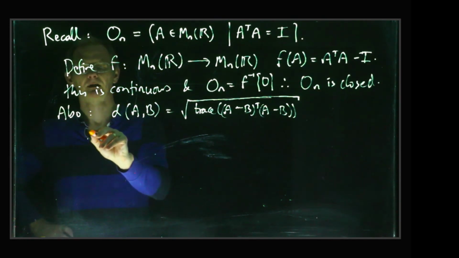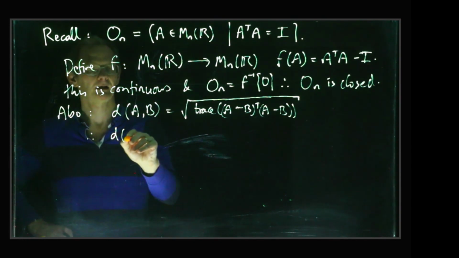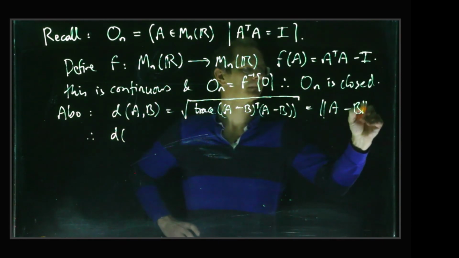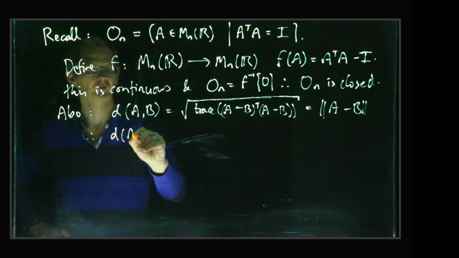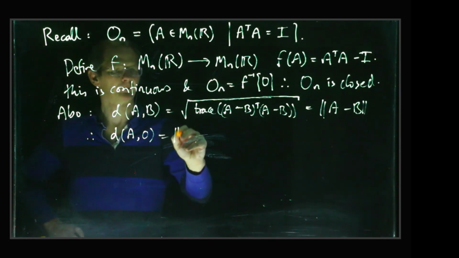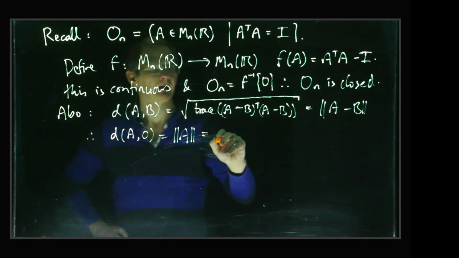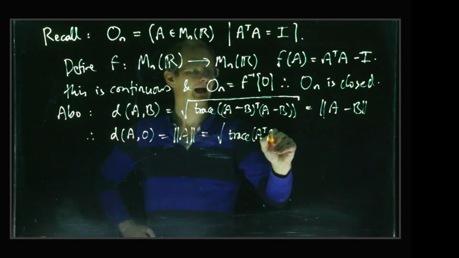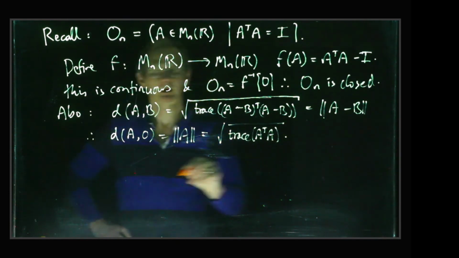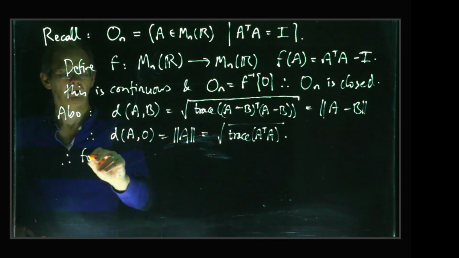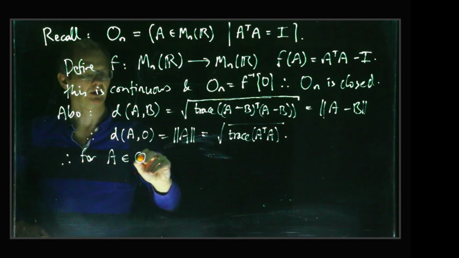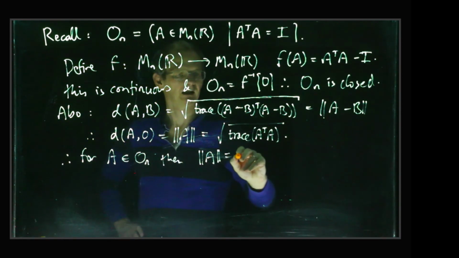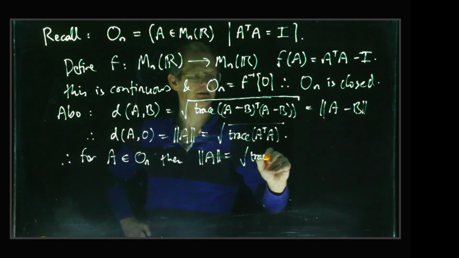Okay, so that means that this is like I say the norm of A minus B. And so the distance from A to 0, or the norm of A, is the square root of the trace of A transpose A. So if A happens to be in On, then the norm of A is the square root of the trace of the identity.